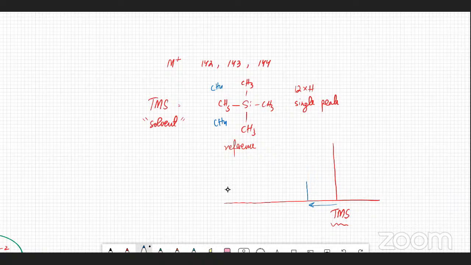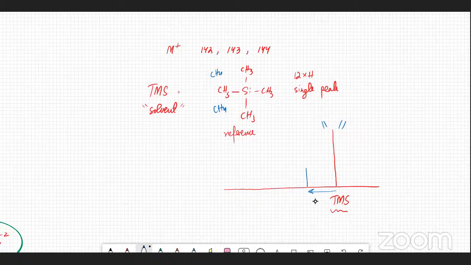On the other hand, the problem with TMS is that it might cause interference. It might mix up with the sample you're doing NMR spectroscopy of, since it shows up so strongly that you may not even see your sample's peaks. So that's a possibility as well. So sometimes what you do is use deuterated solvents.